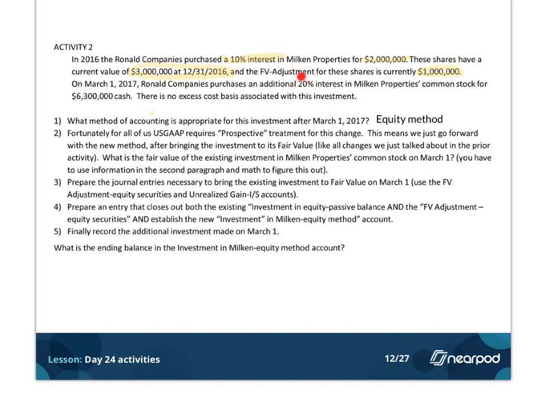I do show you what 20% is worth on March 1st because Ronald Company purchased 20% for $6.3 million. So that $6.3 million is the fair value of 20% of this company. All right, so there's a couple of ways you could get to the fair value of 10% of the company. So I'm just going to talk about 2 of them here real quick. This is for number 2, okay?